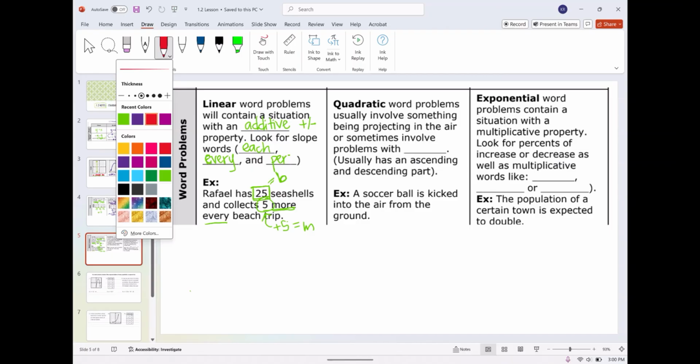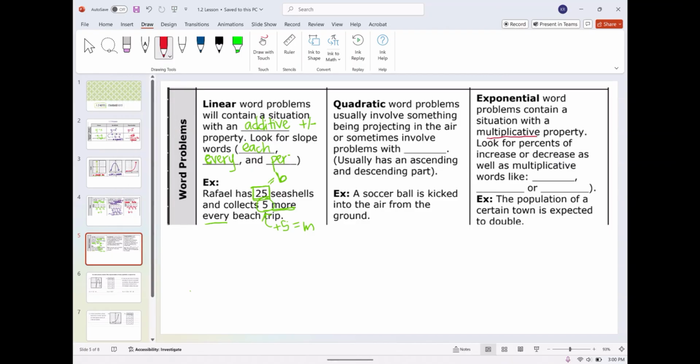All right, now we're going to go over to our exponential, the ones we're used to. When we look at word problems with exponential, we're looking for this multiplicative property. So this multiplicative property means we can be multiplying or dividing, either one.